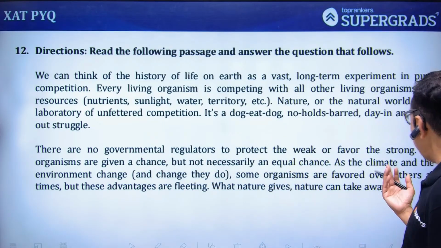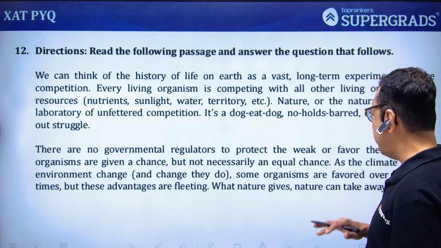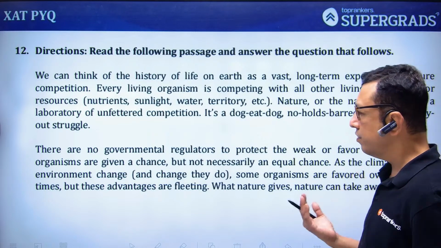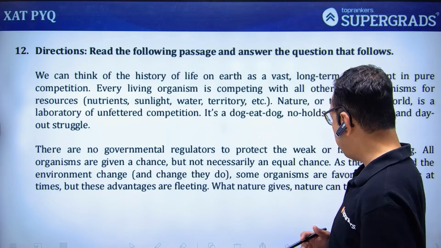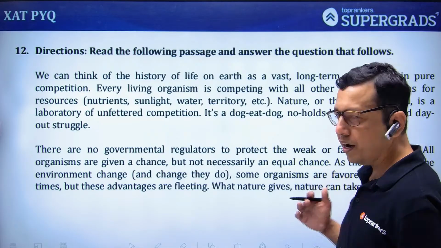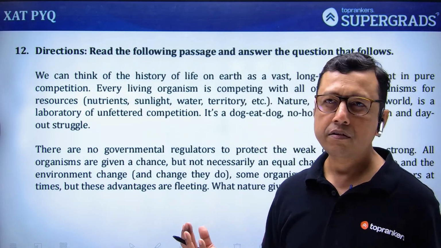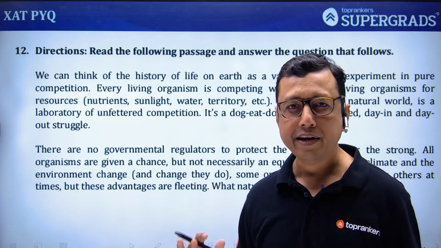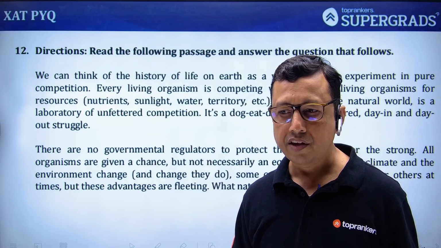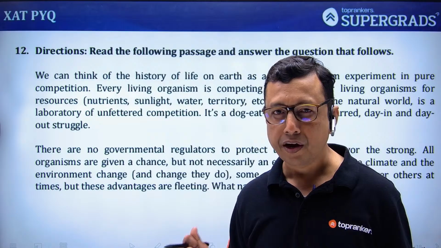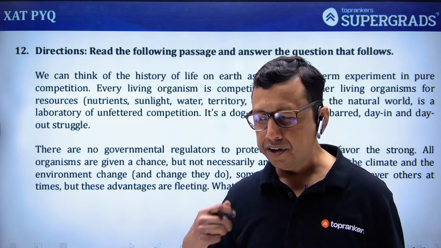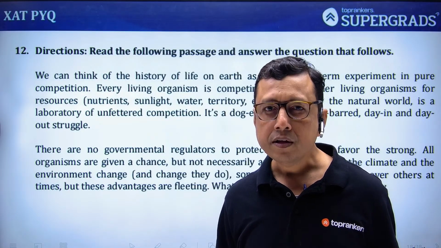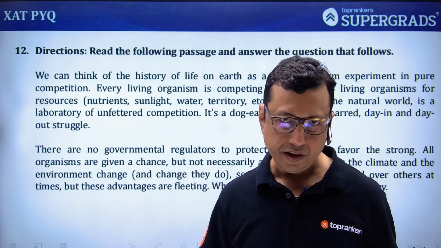As the climate and the environment change, some organisms are favored over the others, and these advantages are fleeting. What nature gives, nature can take away. Basically, the author suggests very strongly that nature is quite impartial and brutal. What it gives, it can take away. So that's a strong message in the passage.